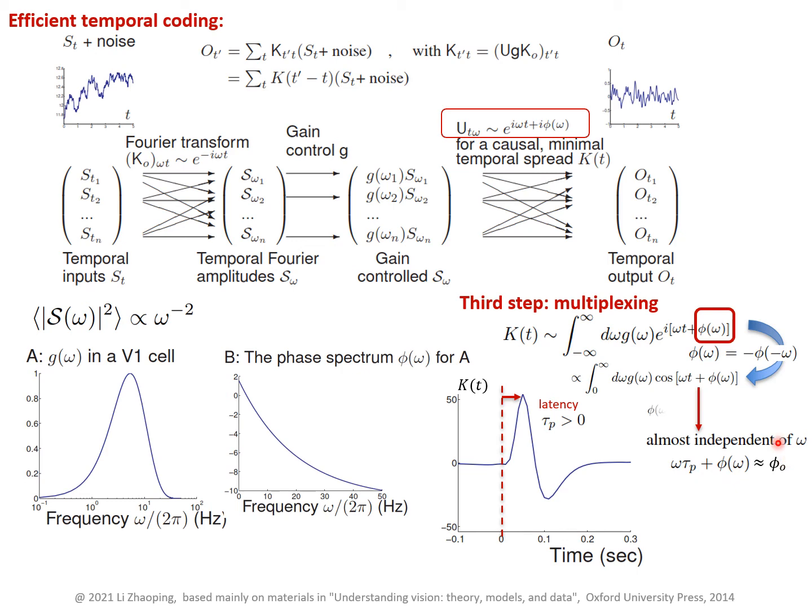And this you can achieve by this phi(omega) function. And you notice that this function decays with omega, just like in this plot. And then your filter can be written like this if you plug this phase into that.